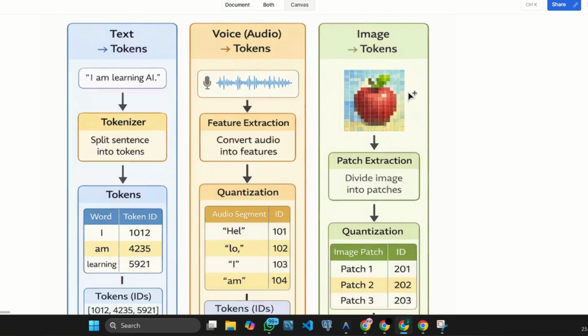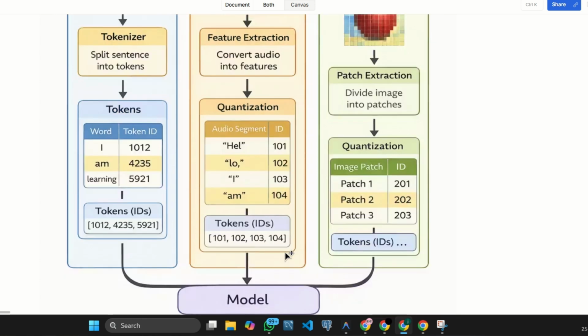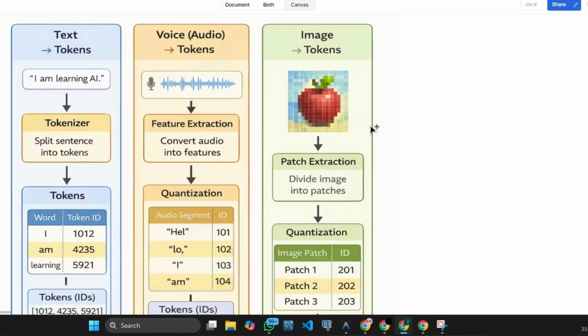Voice and images do the same thing, but with extra fragmentation and other steps. For example, audio gets divided into its features, then particular IDs are assigned to it, and then further processes happen similar to text. Audio and images have extra layers of conversion of the audio format into tokens.